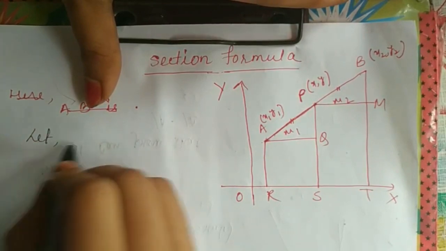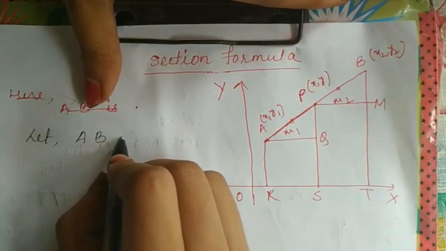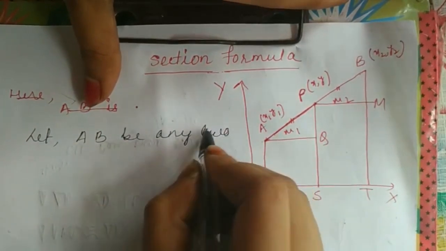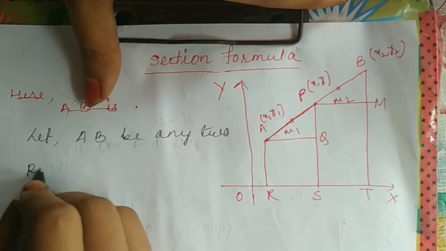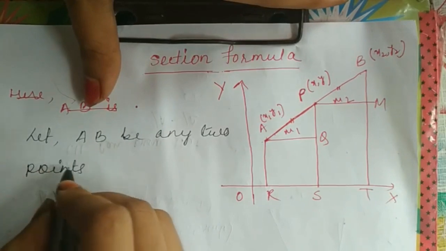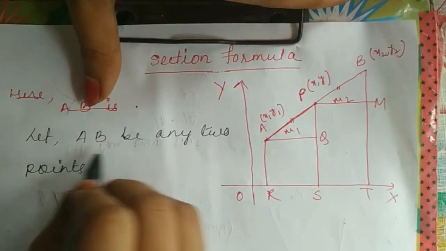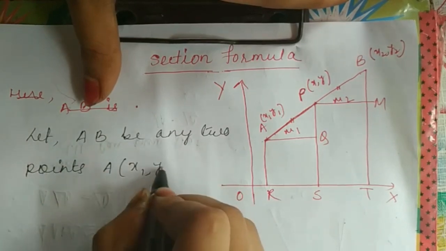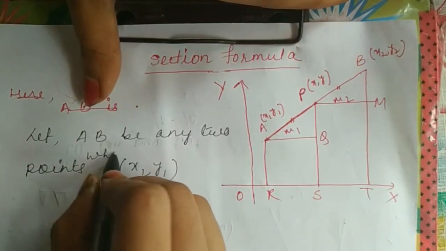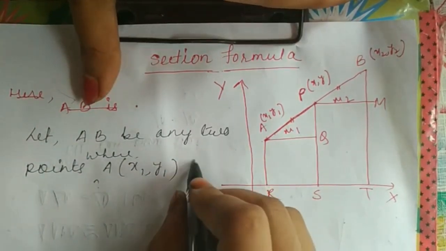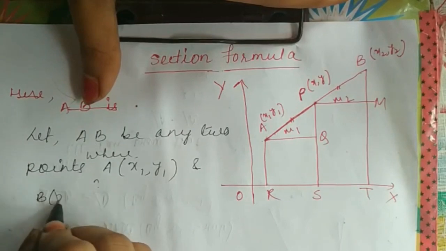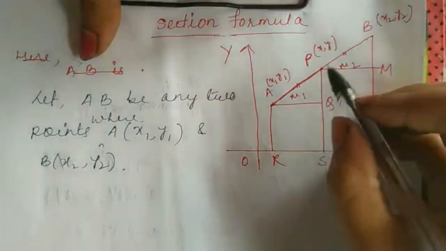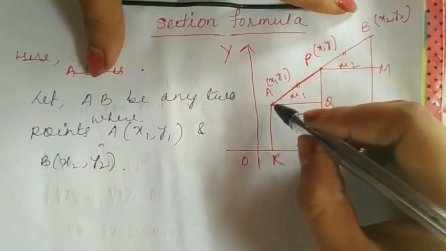Let A and B be any two points where A equals x1 comma y1 and B is x2 comma y2.